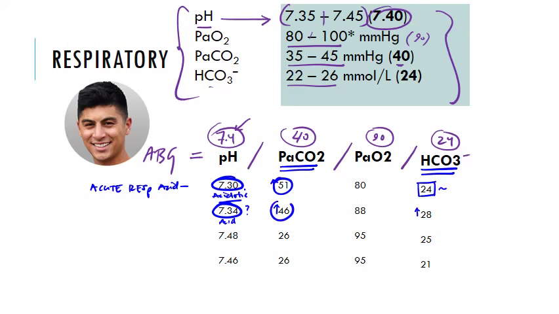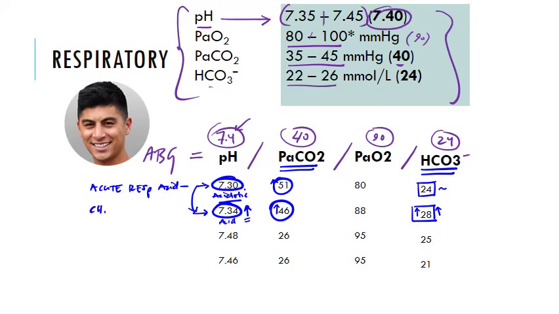What this means is that we have a respiratory acidosis with compensation. The reason I say compensation again is because we have evidence that this bicarb is trying to balance out this number, and you can actually see that there's been a small increase from 7.30 now to 7.34 if we say that this is the same patient.